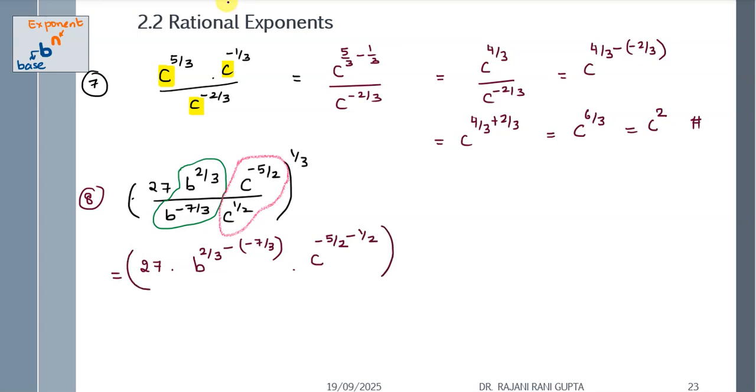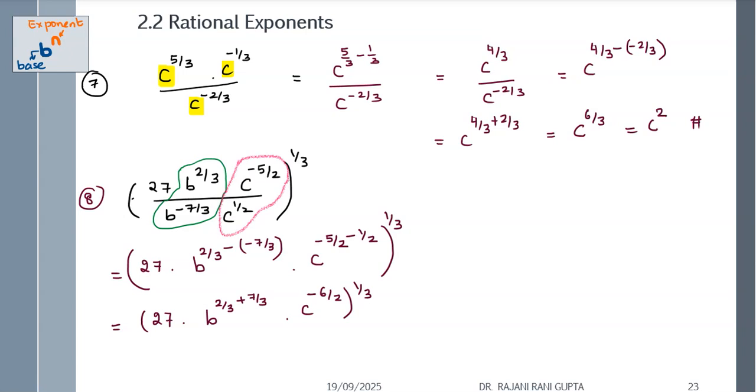This whole with power 1 over 3. So this gives you 27 b to the power, how you can simplify? This will be like 2 over 3 plus 7 over 3, and c to the power minus 5 over 2 minus 1 over 2. So when you simplify, it gives you minus 6 over 2, whole to the power 1 over 3.